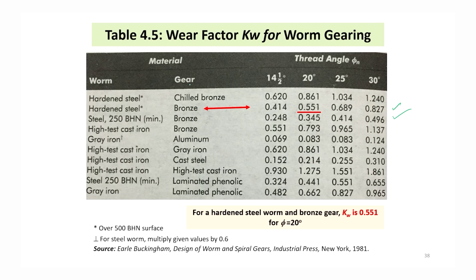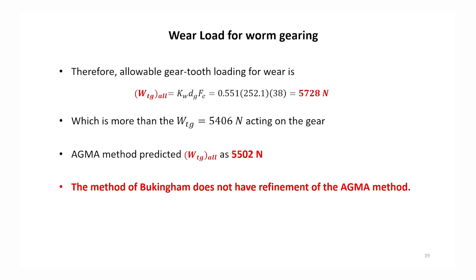In our case, material of the worm was hardened steel and the material of the gear was bronze, and the pressure angle was 20 degree, and thus our K_w is 0.551. So, using this 0.551, we will get the transmitted load allowable as per the wear load, or considering the wear, is equal to 0.551 multiplied by d_g, the pitch circle diameter of the gear, which is 252.1, and F_e is 38.